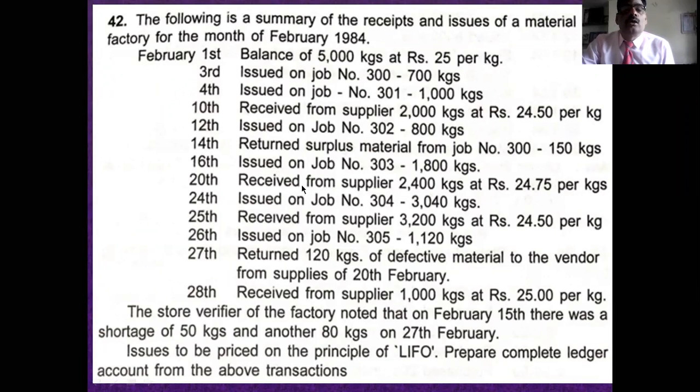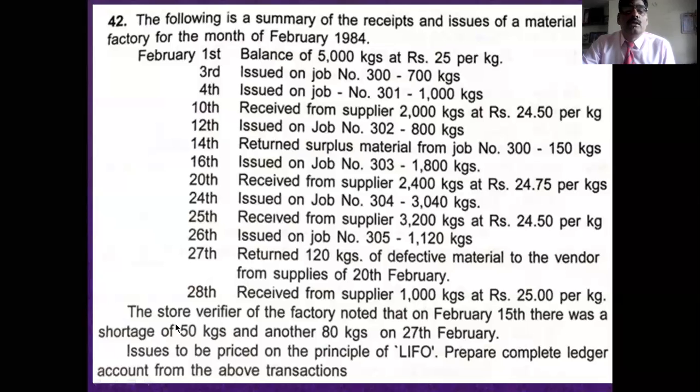Issue is there, issue column. Receipt is there, receipt column. Issue is there, issue column. Received from supplier, receipt column. Issue is there, issue column. Return of 120 defective to the vendor is the issue column. Received is there, receipt column.